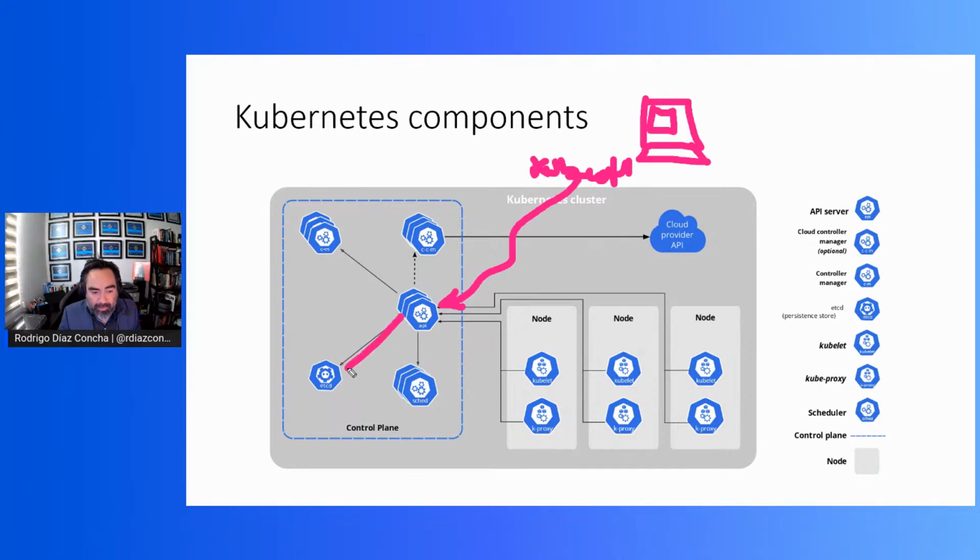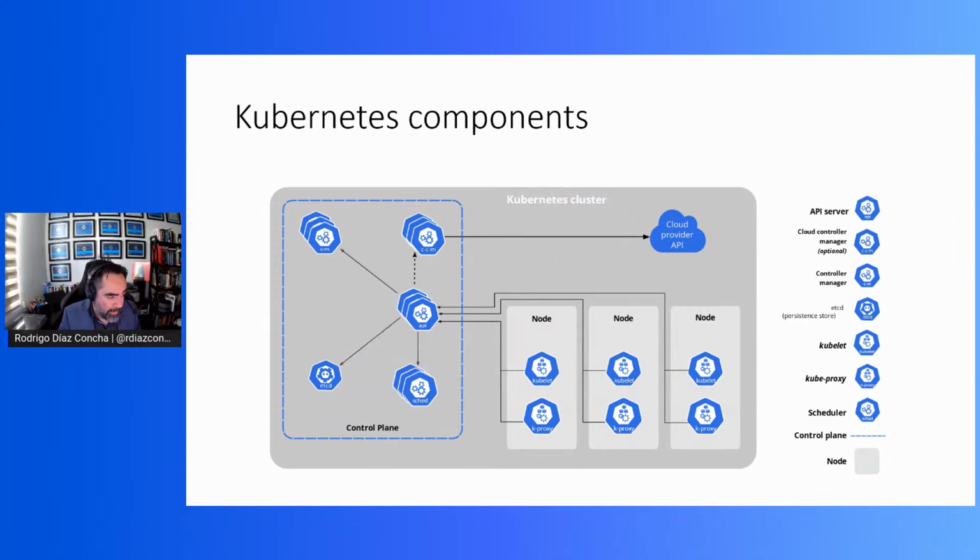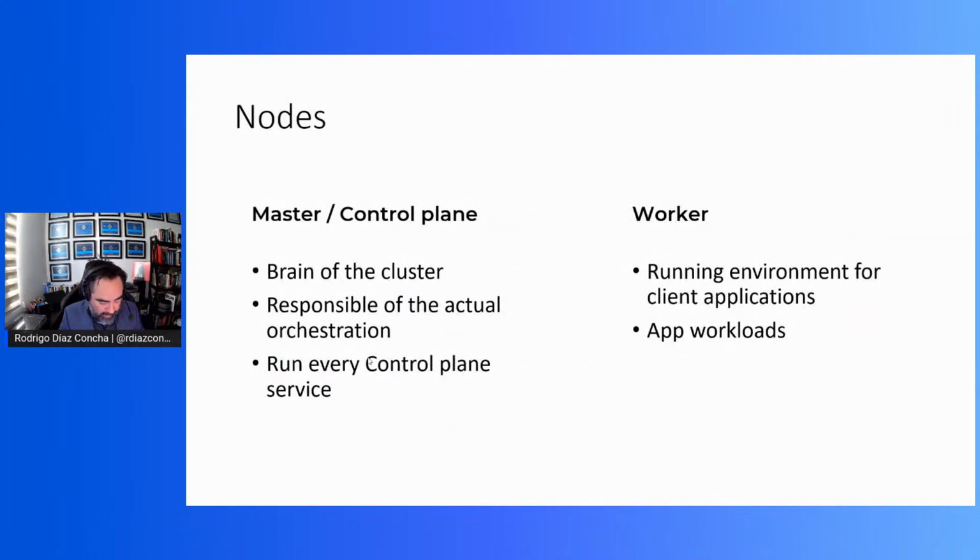Then that is gonna be stored in etcd. I mean, the configuration, the thing that you want to perform is gonna be stored in etcd. And then it's gonna execute or ask the scheduler to deploy your application. Okay, this is how things are working right now with the components that I'm describing in this moment.